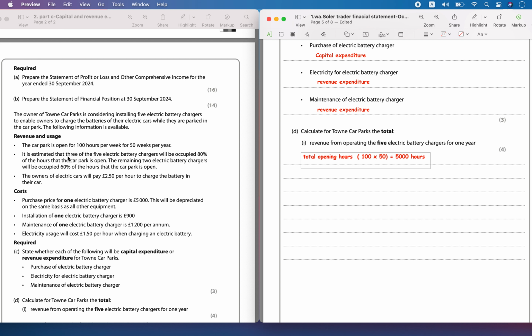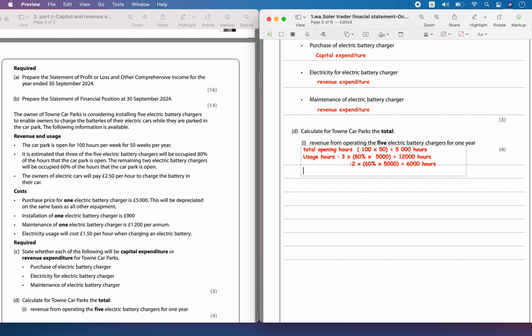He has estimated that 3 out of the 5 electric battery chargers will be occupied 80% of this total time. So usage hours: 3 times 80% of 5,000 is 12,000 hours. Then 2 times 60% of 5,000 is equal to 6,000 hours.